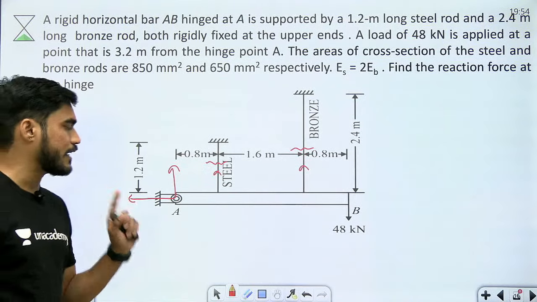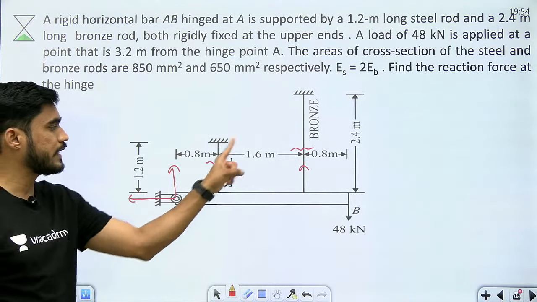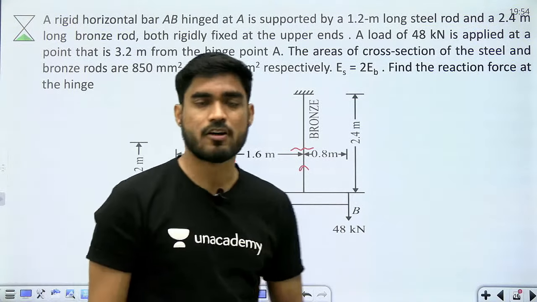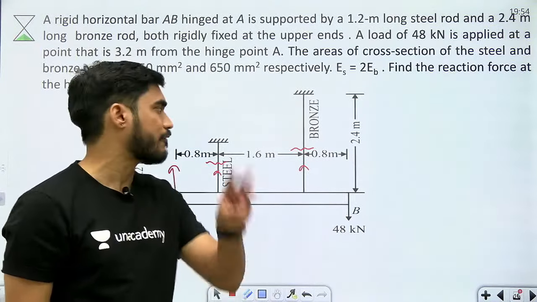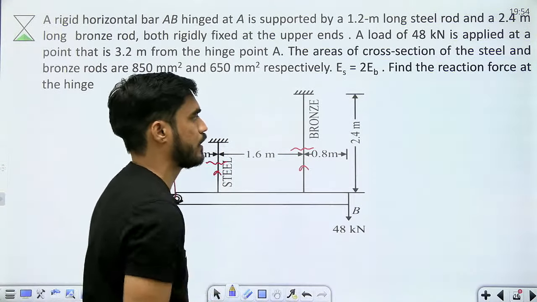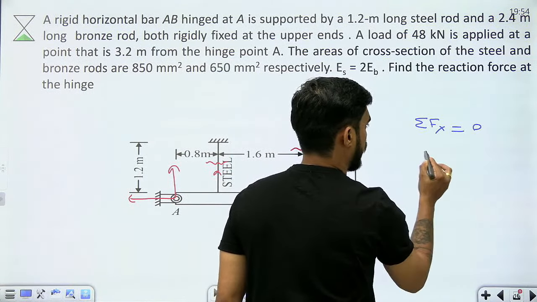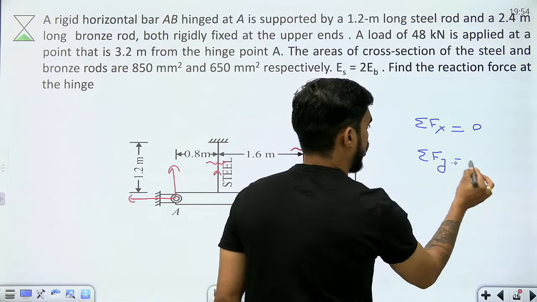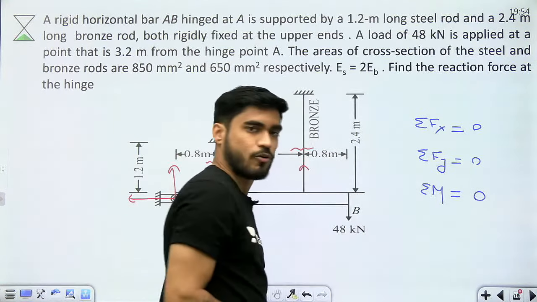Now beta, how many unknowns do we have here? यहाँ कितने unknown दिख रहे हैं? 1, 2, 3, 4. 4 unknowns. And how many equilibrium equations do we have? We have only 3 equilibrium equations: summation of Fx equals 0, summation of Fy equals 0, and summation of M equals 0.